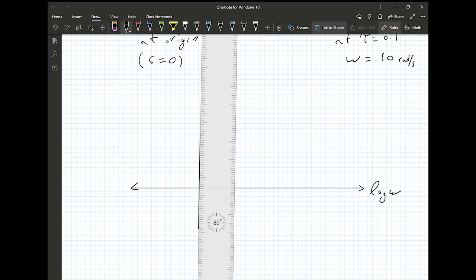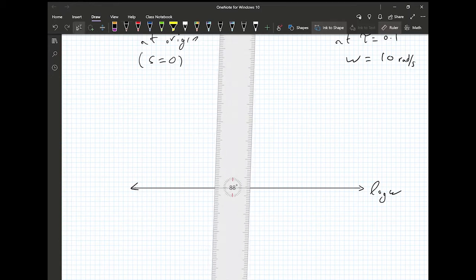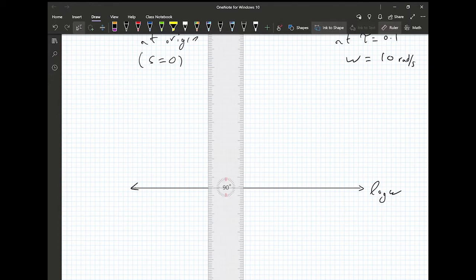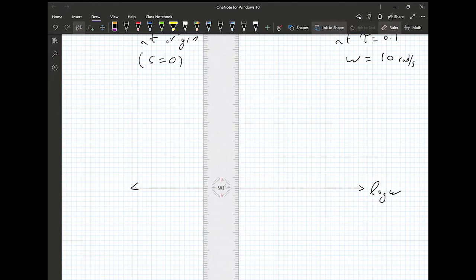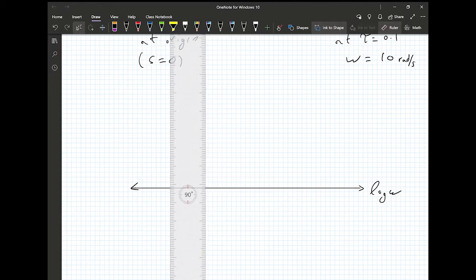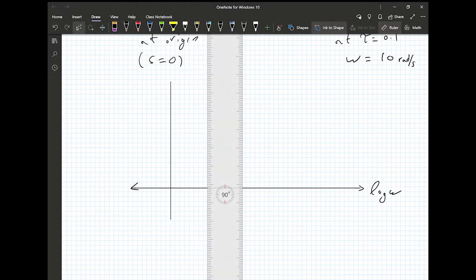Let me make sure I'm at 90 degrees. This is the magnitude of H(j omega) in dB.